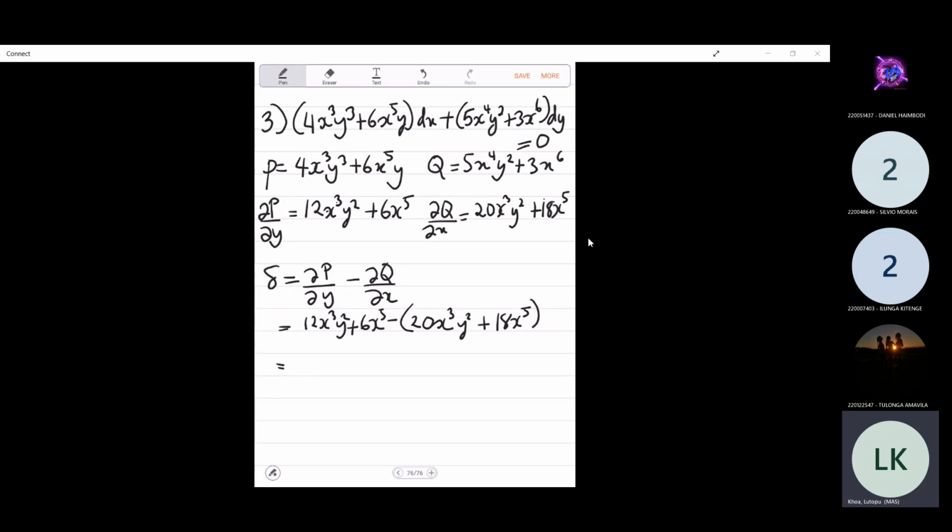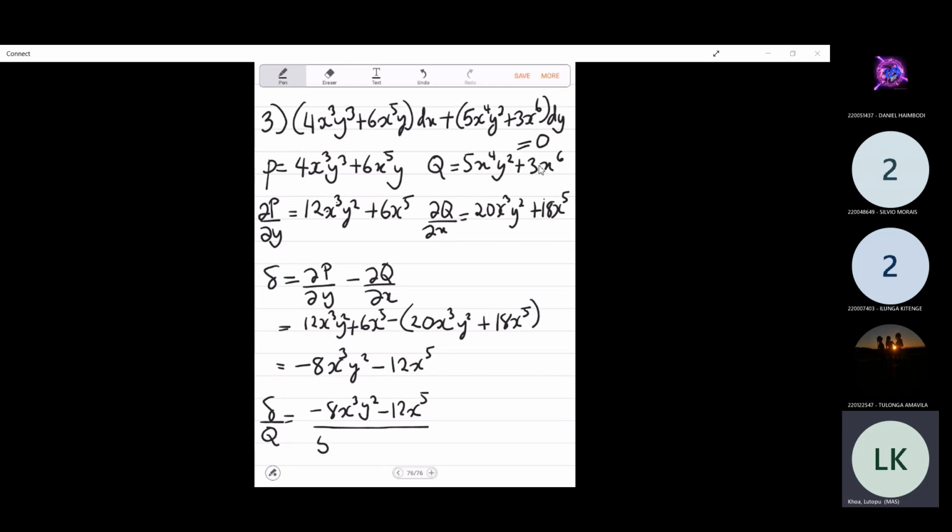So we have 12 minus 20, that's minus 8 x cubed y squared, and then 6 minus 18, this is minus 12 x to the power of 5. Then delta over q, this is minus 8 x cubed y squared minus 12 x to the power of 5. Divide this by our q over here.